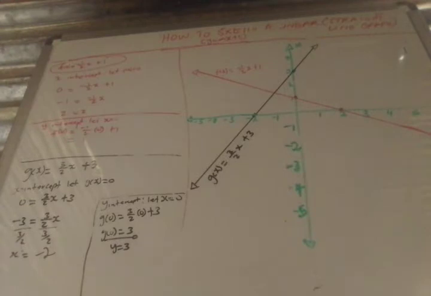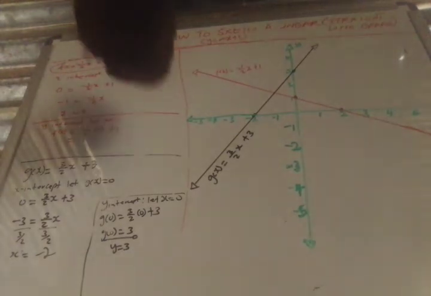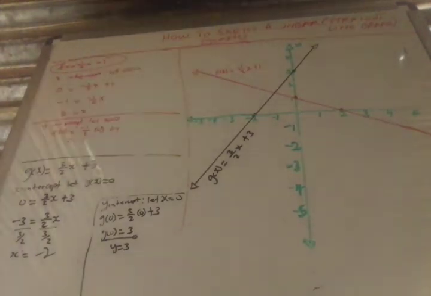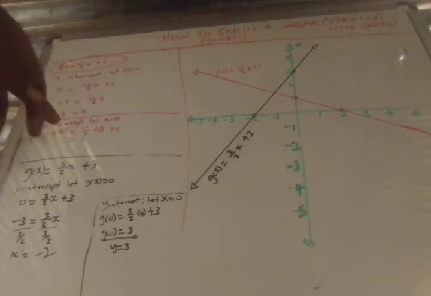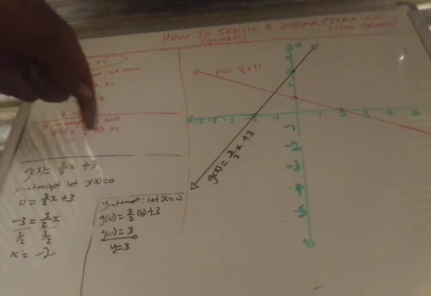Now let's look for the y-intercept. We have to let x be 0 in this function of f. So f of 0 equals negative 1 over 2 times 0, plus 1.